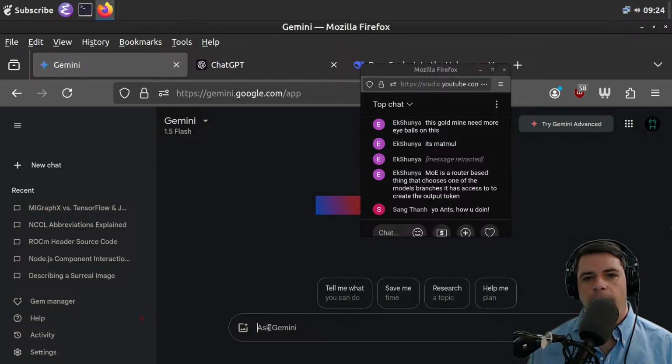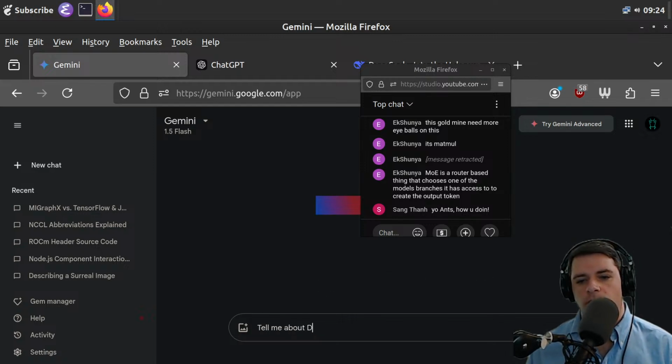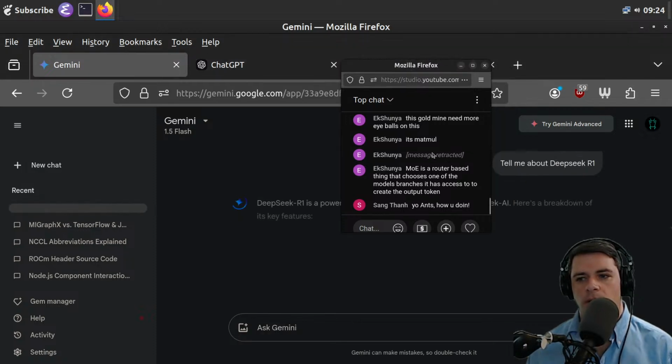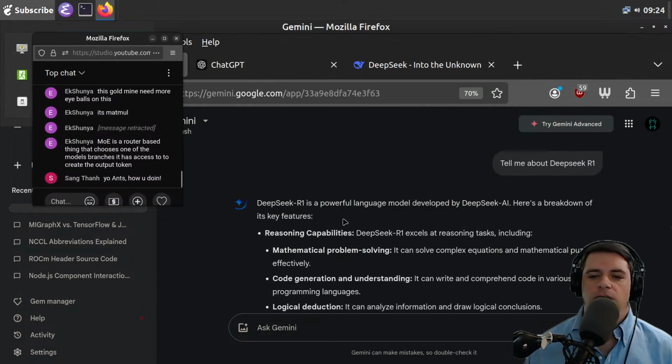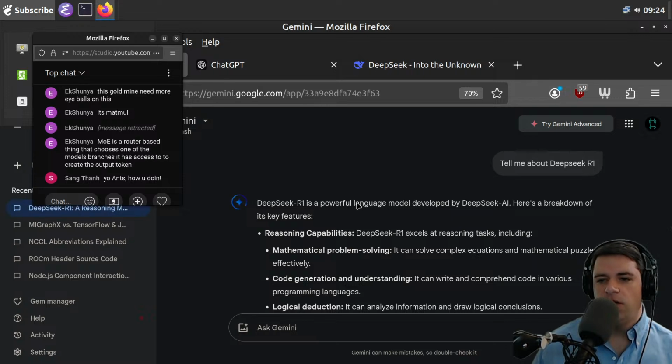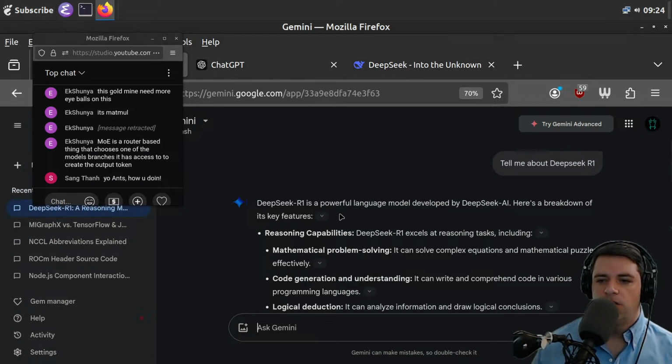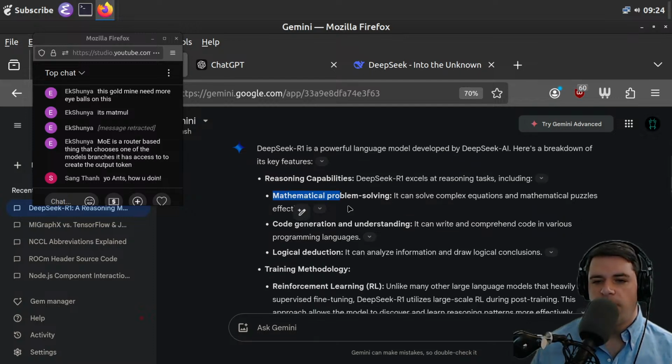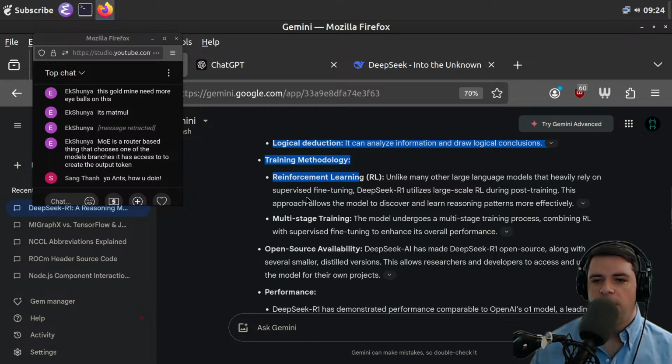Let's ask Gemini. Okay, so Gemini says DeepSeek R1 is a powerful language model developed by DeepSeek AI. Here's a breakdown. It excels at mathematical problem solving, code generation and understanding, logical deduction. Training methodology is reinforcement learning.